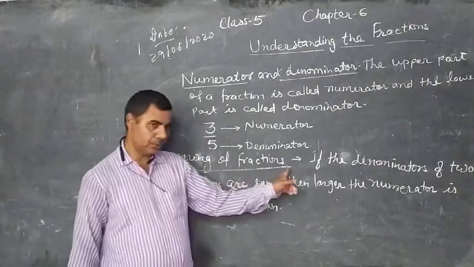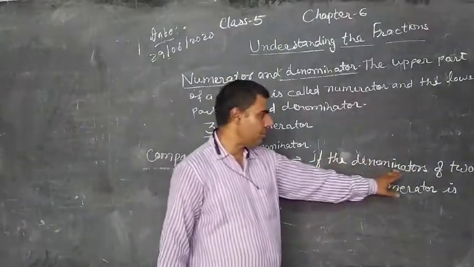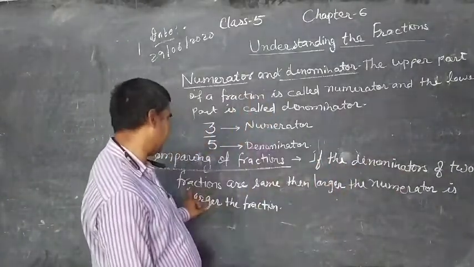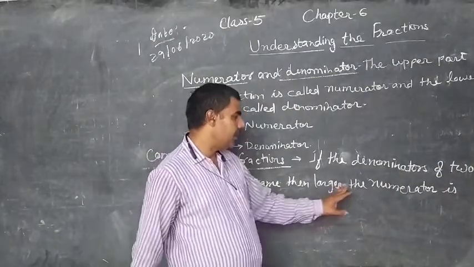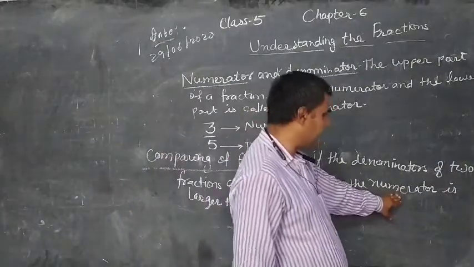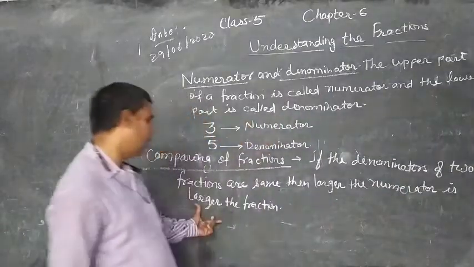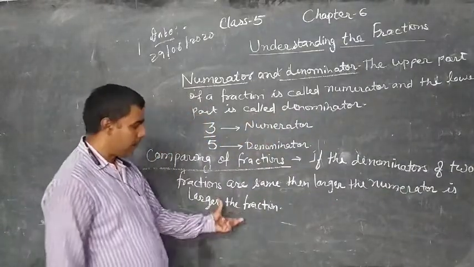Have you understood this rule? If the denominators of two fractions are same, means equal, then larger the numerator is larger the fraction.